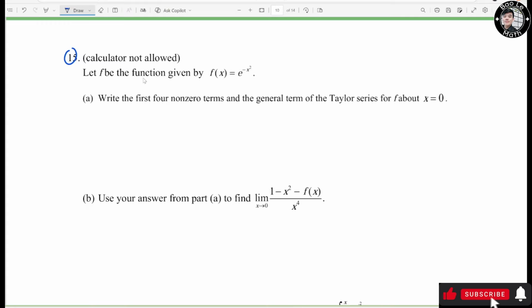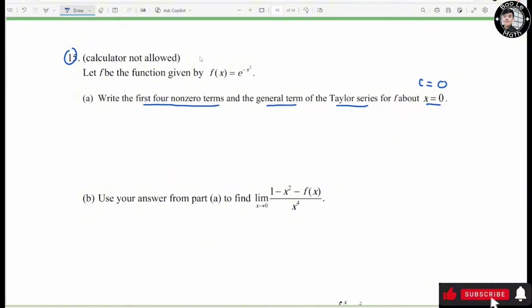Now let's move on to question 15. Let f be the function given by f(s) equals e to the negative s squared. Write the first four non-zero terms and the general term of the Taylor series for the function f about s equals 0. So the center equals 0, and then this becomes a Maclaurin series.